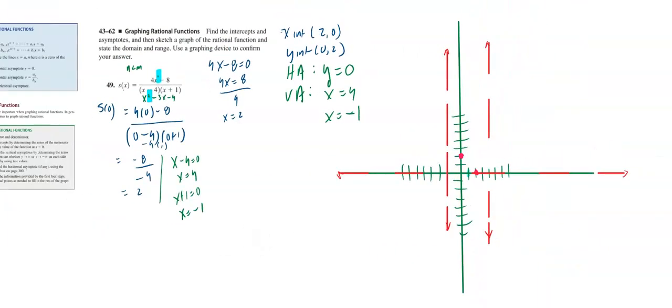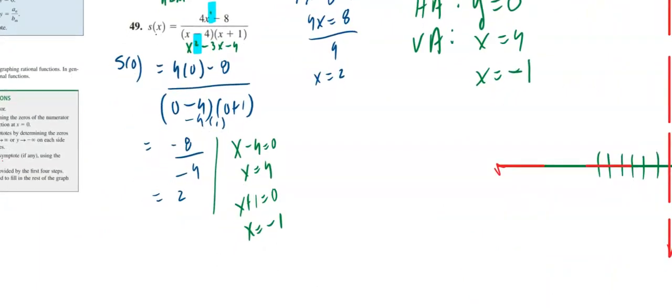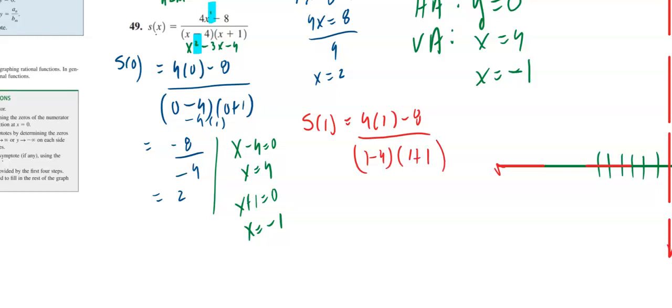So when x is 1, I'm going to go back to this original function, s of 1. And we'd have 4 times 1 minus 8, divided by (1 minus 4) times (1 plus 1). Every time I see an x, I put in a 1. And why am I doing this? Because I want to see what that point is.